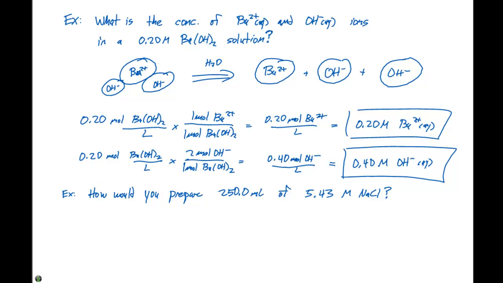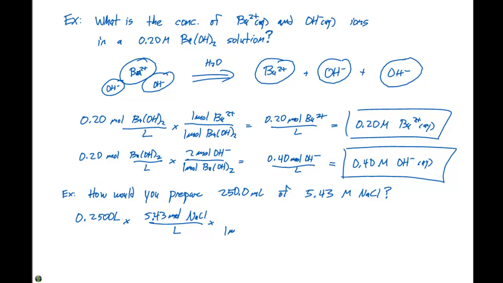If we are preparing 250 milliliters, when we convert that to liters, it's going to be 0.2500 liters times 5.43 moles of NaCl per liter of solution.